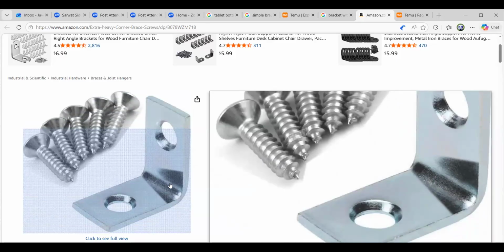Maybe there are some sharp edges if you touch this bracket, so they will deburr those.